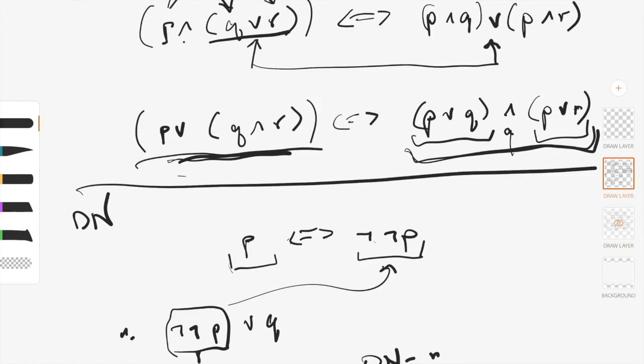And so essentially we are writing something logically equivalent to it here. So this is a great example of how an equivalence rule can apply to a part of a line. How it applies to a whole line is obvious. If you have an expression like this on a line, you can rewrite it as that.